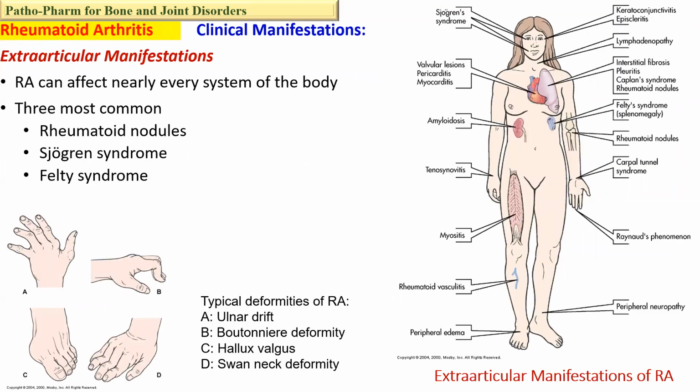Now, extra-articular manifestations are the manifestations that involve and affect areas outside of the joints. The three most common types are rheumatoid nodules, Sjögren's syndrome, and Felty syndrome.